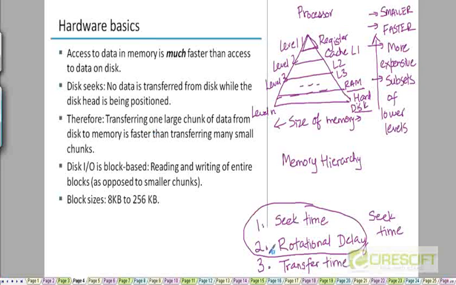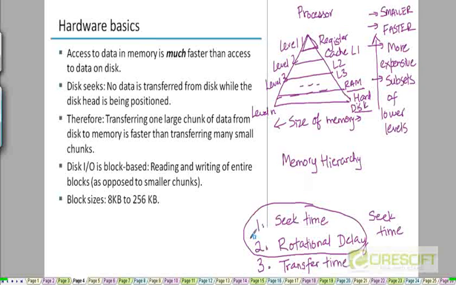So once the data starts being transferred, it's relatively fast, but it's still slower than directly reading that data from main memory. Right? So if the processor wants to work with data in main memory, it can do so in a much shorter amount of time because of these three delays.